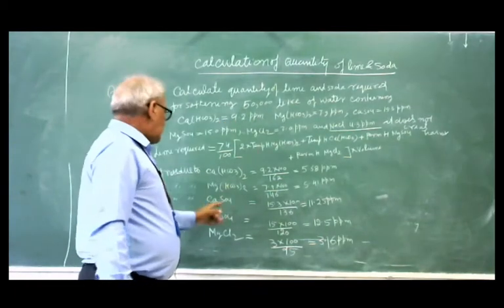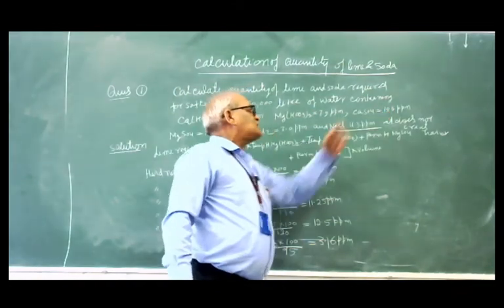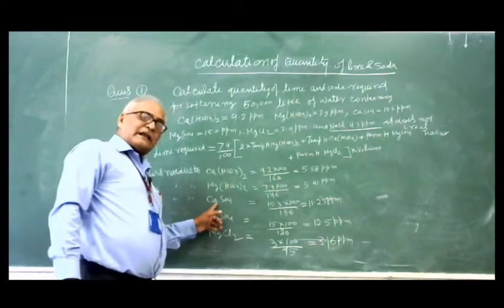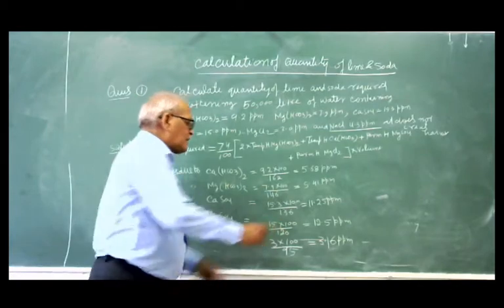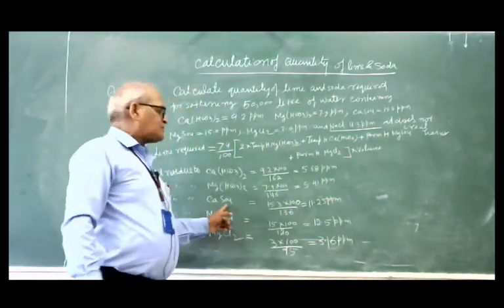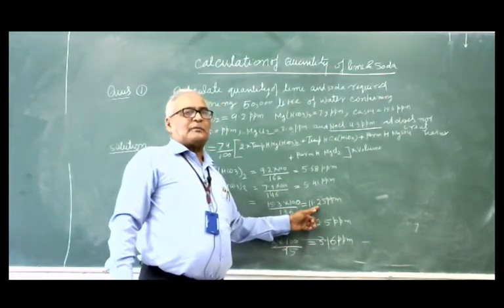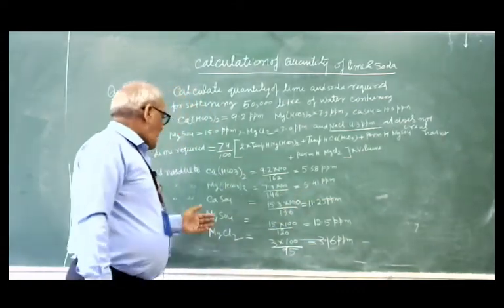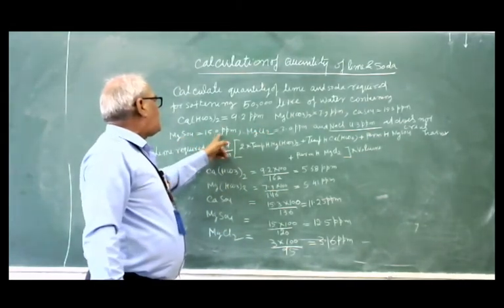Similarly, this salt is also given. Calcium sulfate is 15.3 ppm. So how much hardness can be created by calcium sulfate? Calcium sulfate 15.3 into 100 divided by molecular weight of the calcium sulfate, it is 136, and after calculation you will get 11.25 ppm hardness. Magnesium sulfate, this is the amount given, 15 ppm.